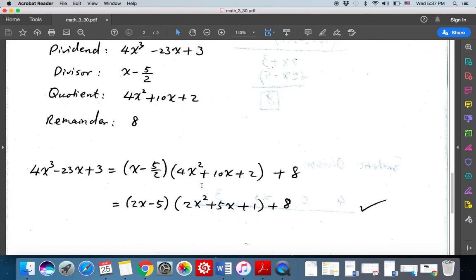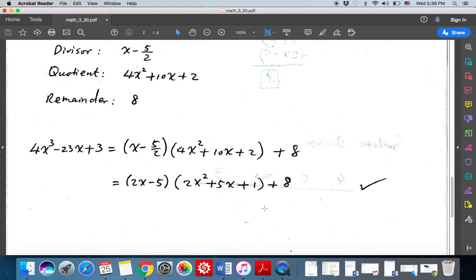If we pull out the factor 2 from the quotient and multiply this factor 2 with each of the terms in the divisor, we're going to get another form, which says the dividend equals 2x minus 5 times 2x squared plus 5x plus 1 plus 8. And this is consistent with our previous result.